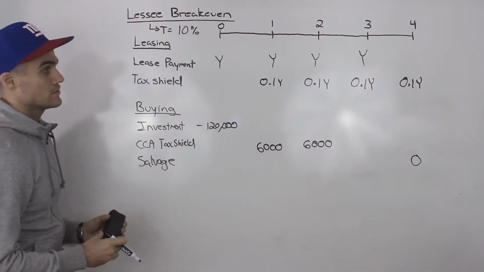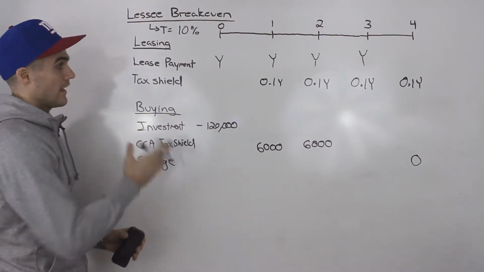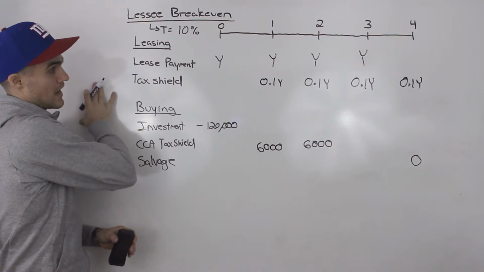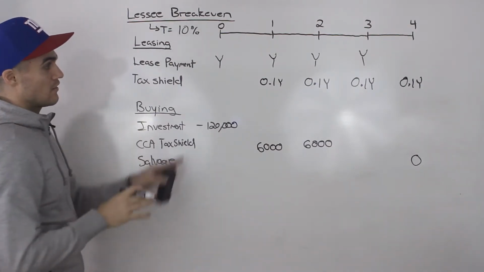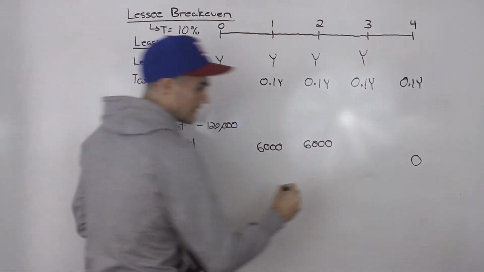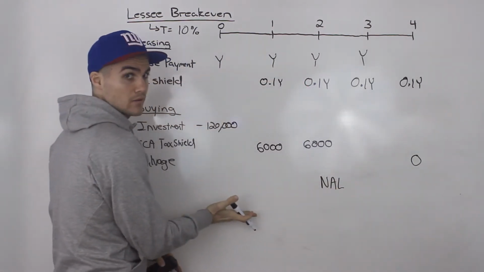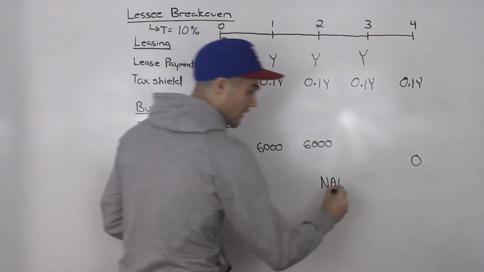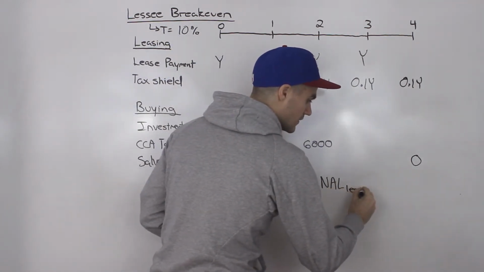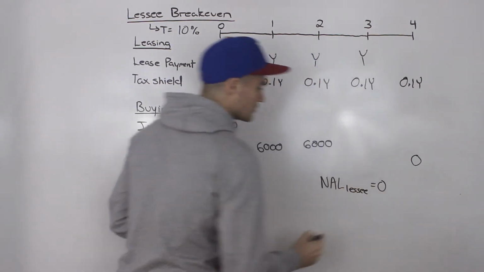So same thing, now you just got to do trial and error and input lease payments on the side in the Excel file that will make the net advantage of leasing, that final amount at the bottom in the Excel file for the lessee, equal to 0.